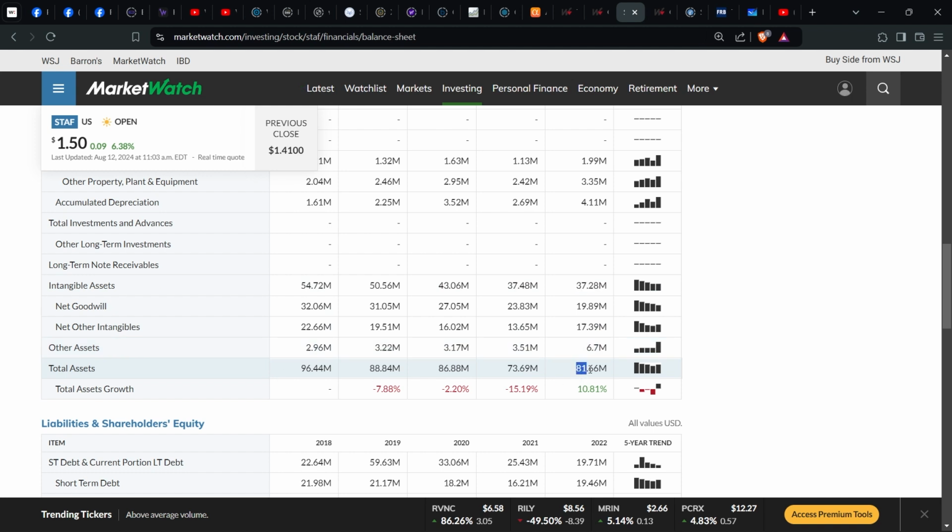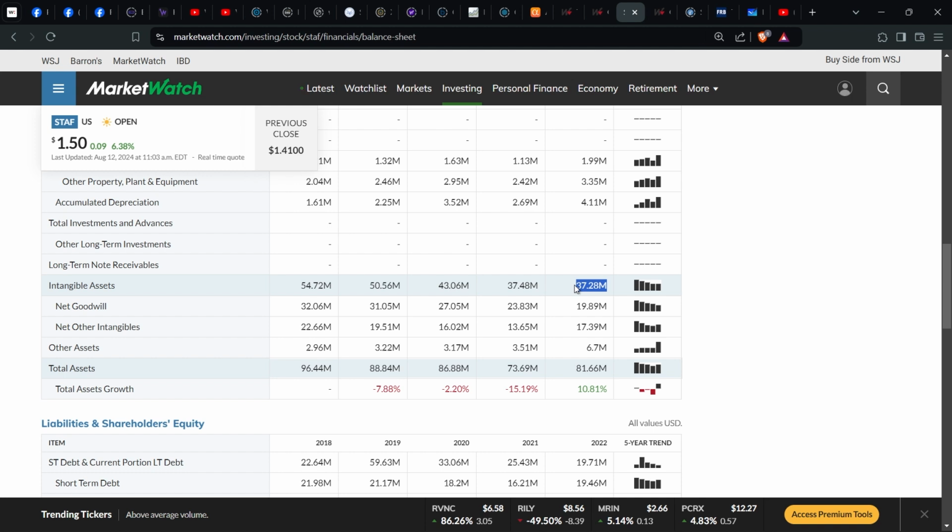So when you see a company with half of their total assets recorded as intangible assets, that means there is a problem here. These guys are broke and they are overstating the value of their intangible assets. Overstating why? Because there is no way to actually determine the value of an intangible asset.